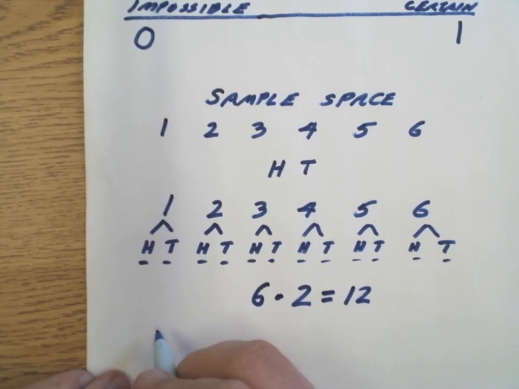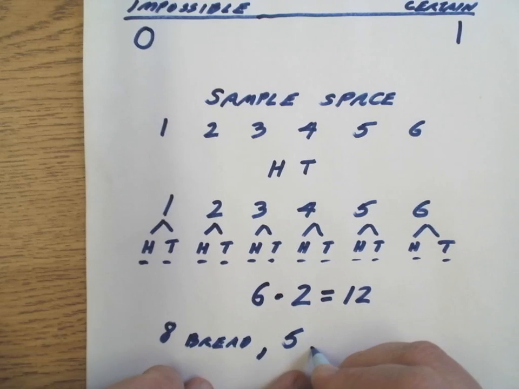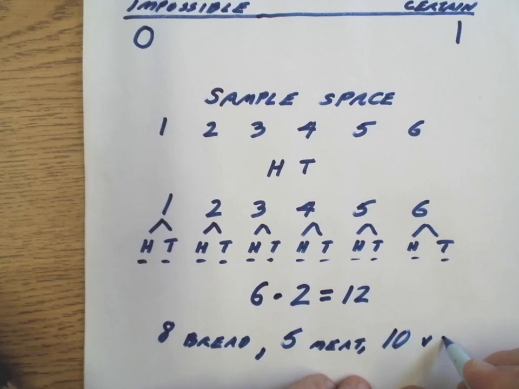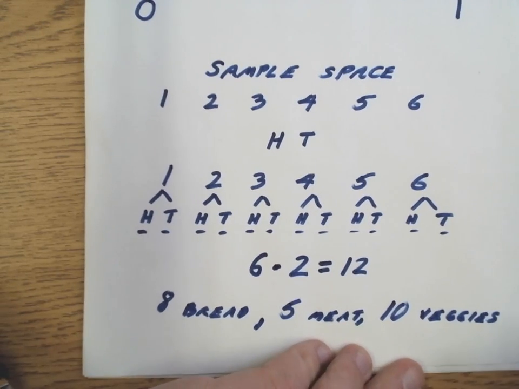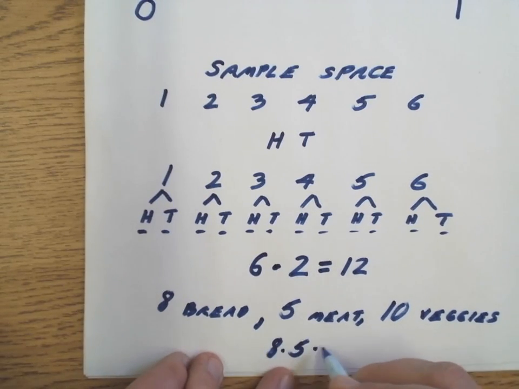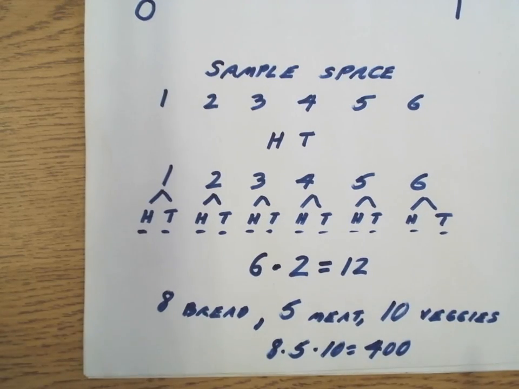For example, let's say a restaurant advertises that they have 8 types of bread. They also have 5 types of meat, and they have 10 kinds of vegetables that you can put on your sandwich. Well, if you select one in each category, you would have 8 times 5 times 10, or 400 sandwich possibilities.